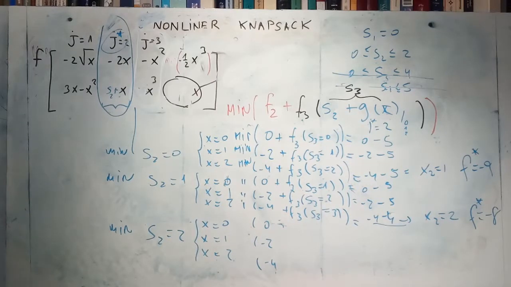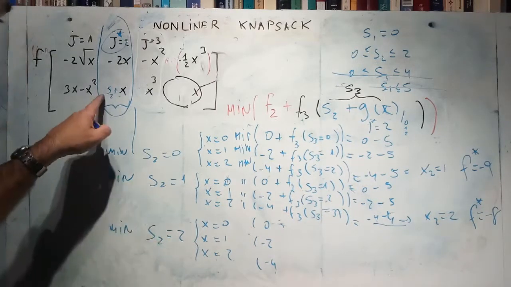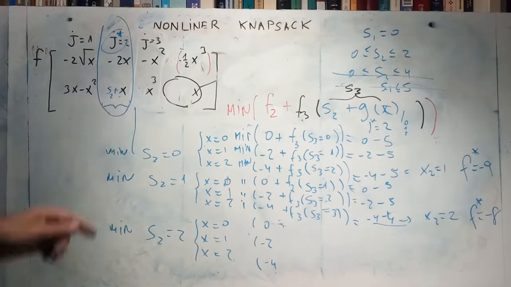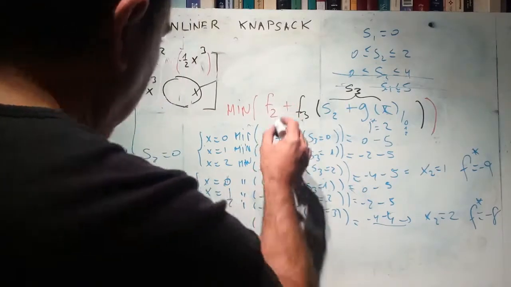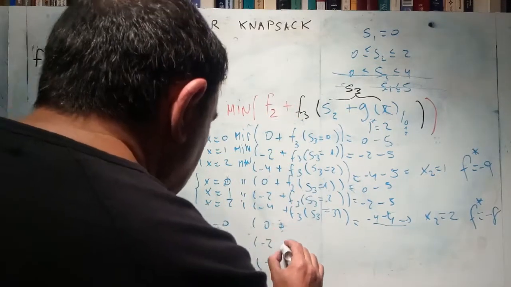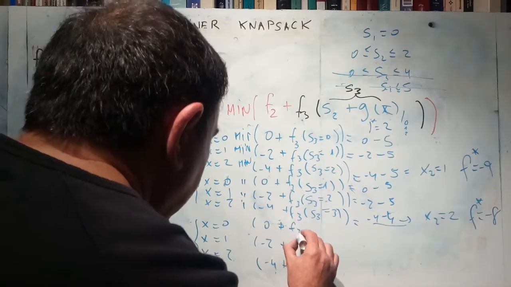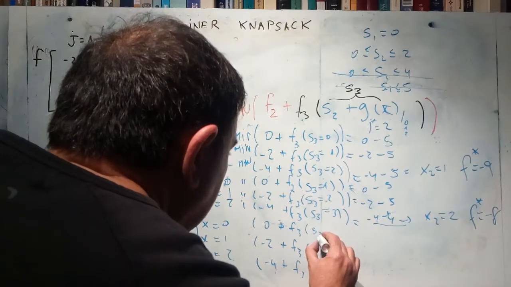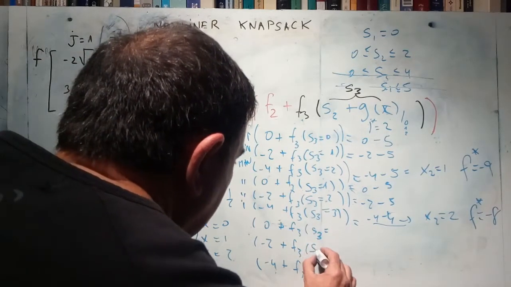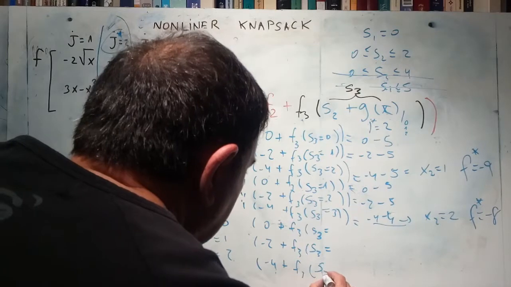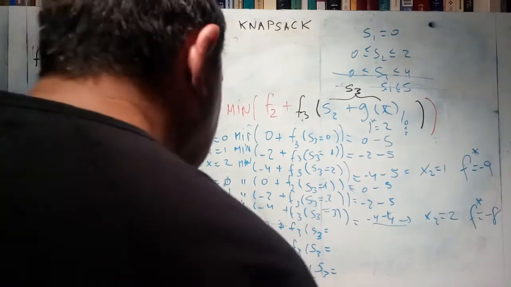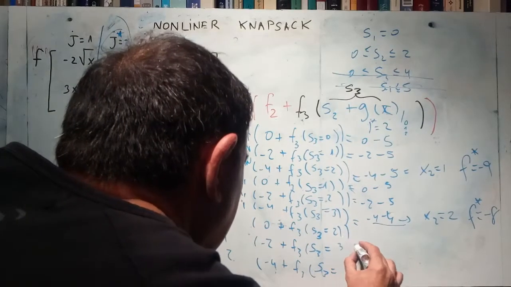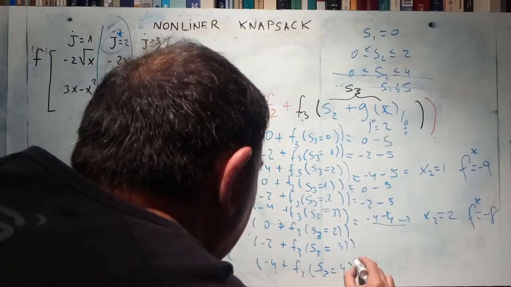because they are a little bit tricky. And now the last, s2 being 2, and substituting here 0, 0, 1 and 2. So we are taking the same values of f2. What we'll be changing is f3, and f3 of s3, the state variable s3 being 2, 3, and 4.